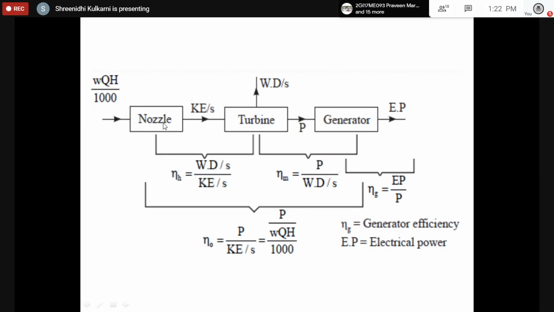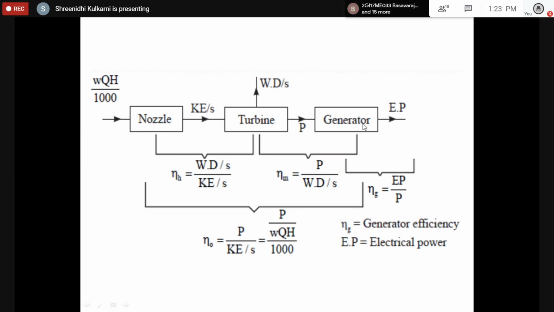Once it is entering into the nozzle, we will get the velocities, that is the kinetic energy. That kinetic energy, or simply the kinetic energy as well as the pressure energy, is converting into mechanical energy. So that is work done per second in the turbine. Further, work done per second, we got the power.